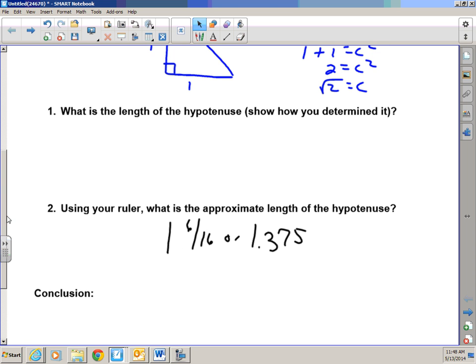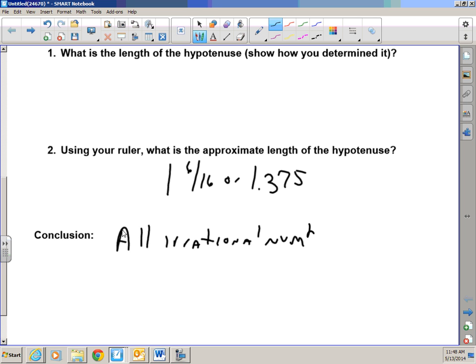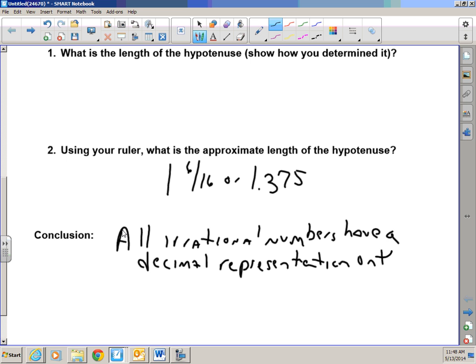But it leads us to the following conclusion. And the conclusion is that all irrational numbers have a decimal representation on the number line.